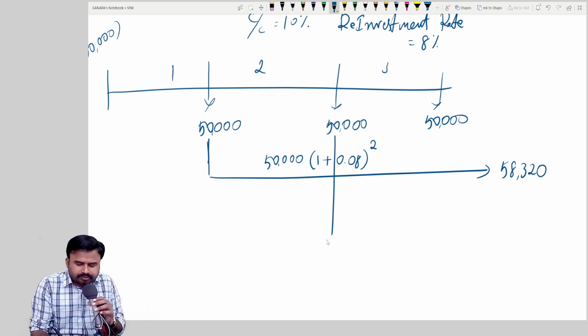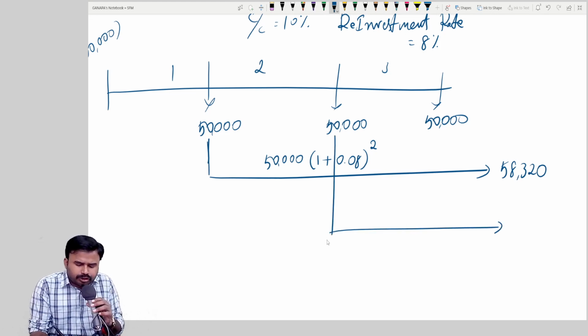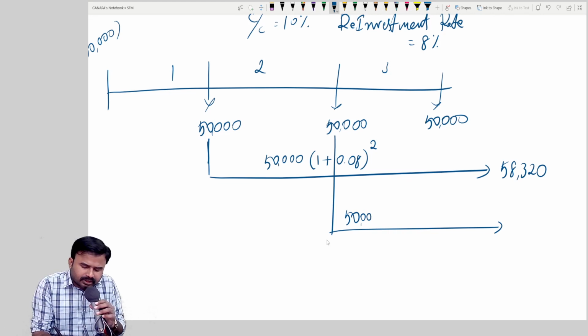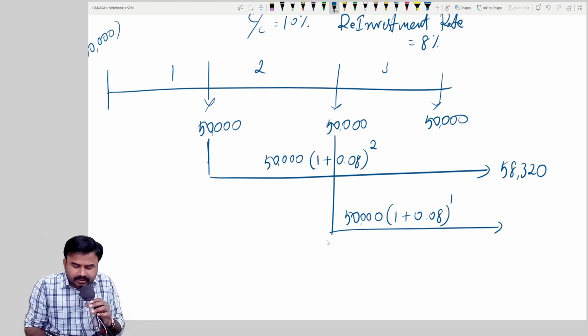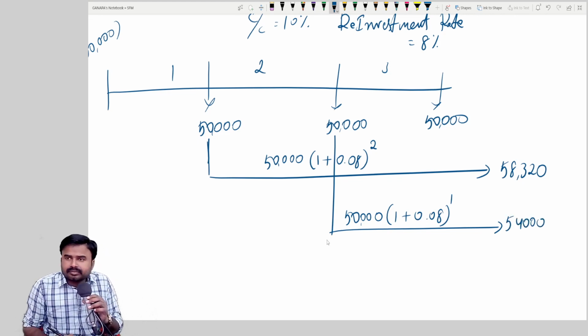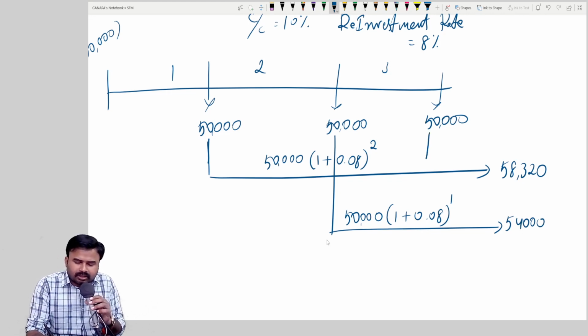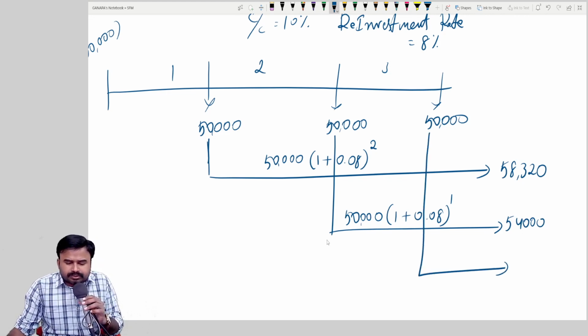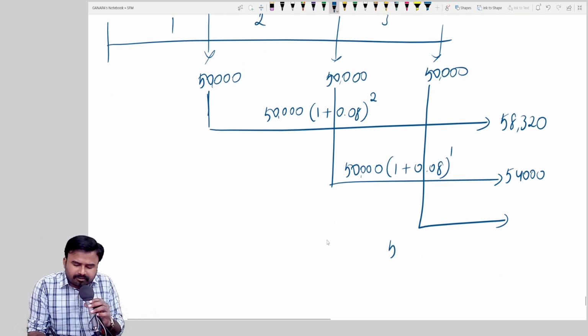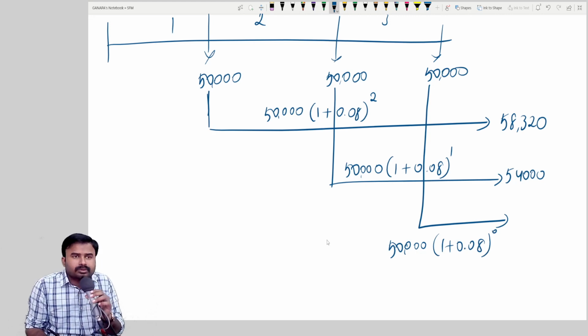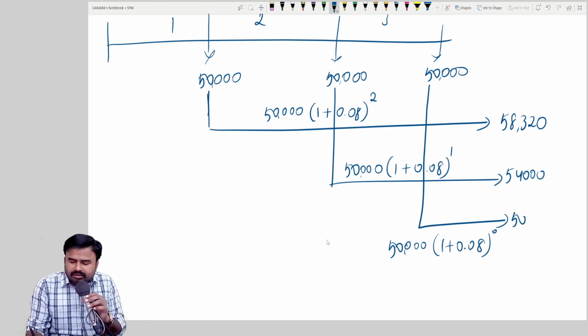Now, the second year ending inflow should be converted into third year ending by using 8% as the reinvestment rate: 50,000 into 1 plus 0.08 whole to the power of 1. Now the third year ending should be converted into third year ending only. In fact, you don't need to add any return actually: 1 plus 0.08 whole to the power of 0, so 50,000.